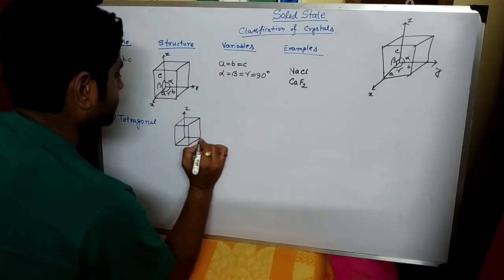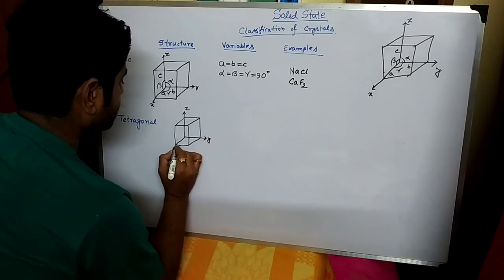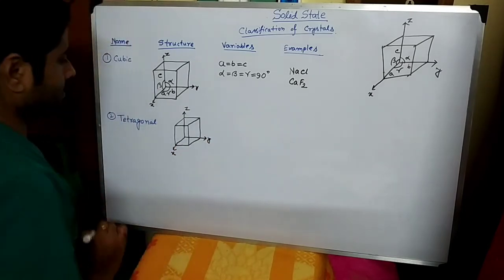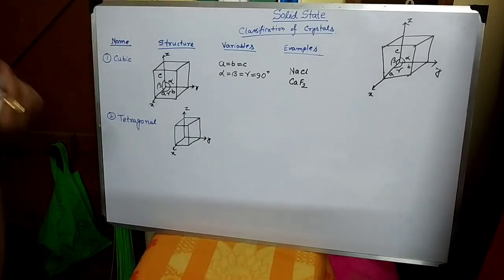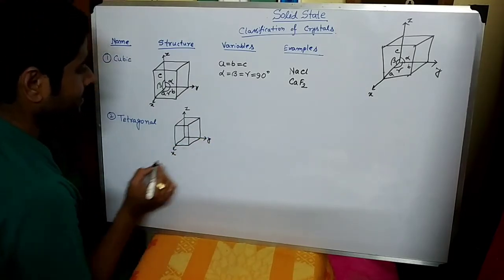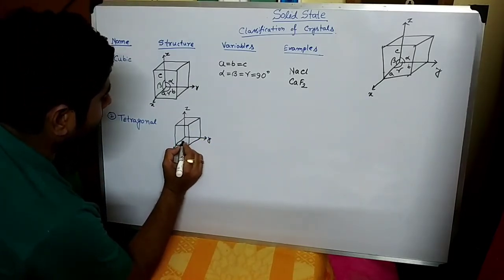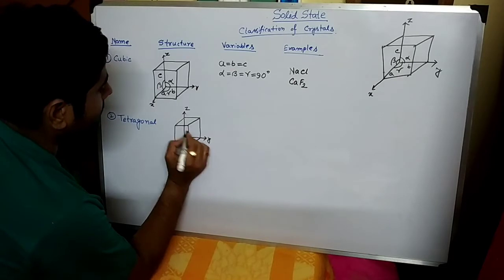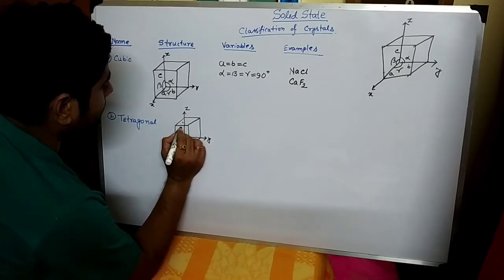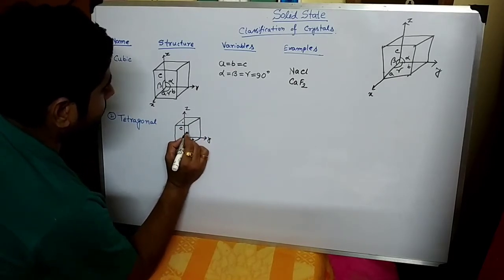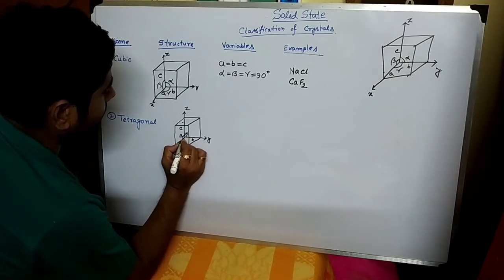That is z axis, its y axis, similarly x axis. So now the edges are, this is A, this is B, similarly this is C, alpha, beta, gamma.